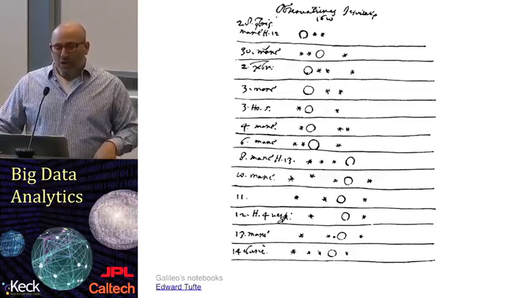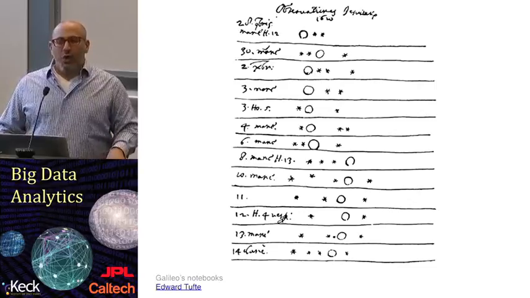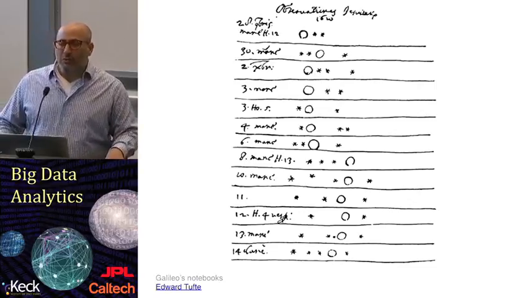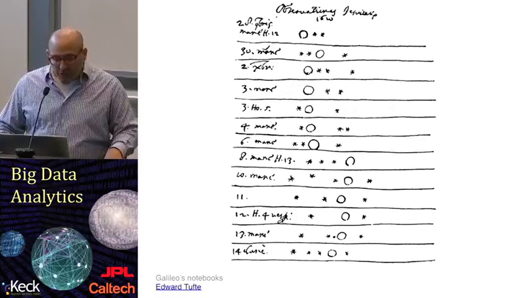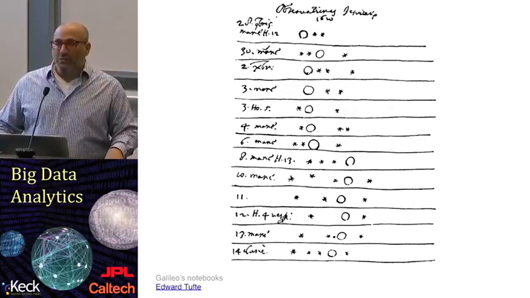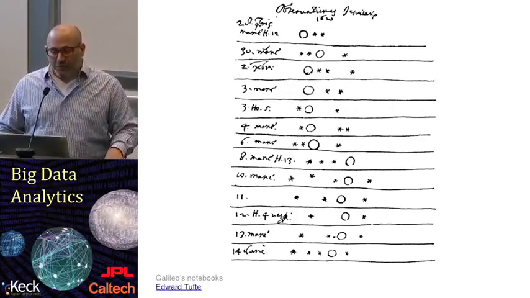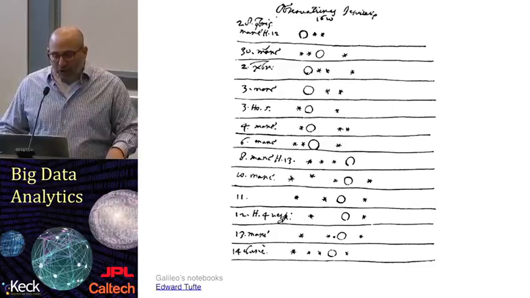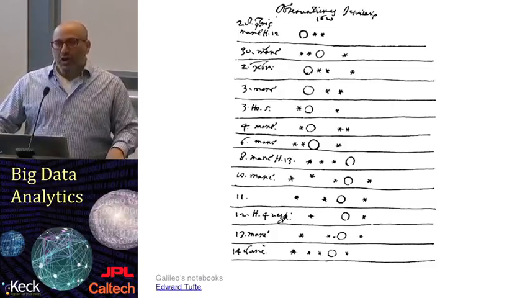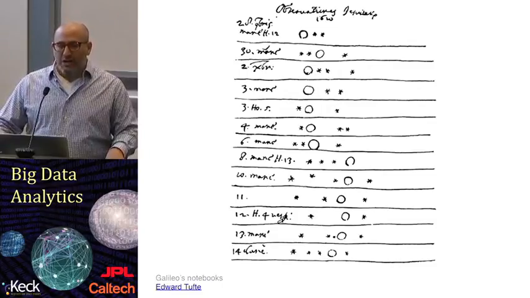So if you look here at this very, very wonderful early example of a small multiple, which comes from Galileo's notebooks, and I'm taking this particular example from Tufte visually, and he describes how Galileo shows Jupiter and the moons of Jupiter that are visible on consecutive nights.